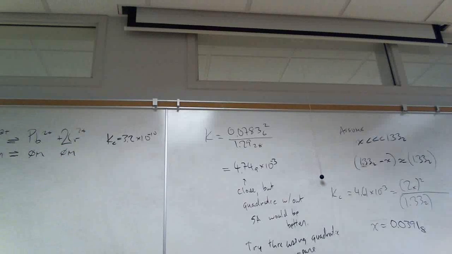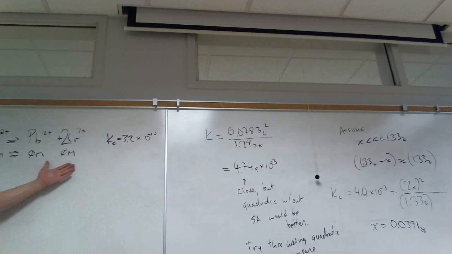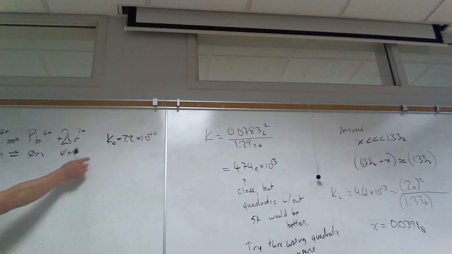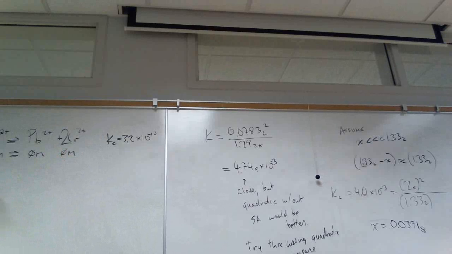Okay, now we ask, should we reset this? Should I reset it, because now all the atoms are on the left, and push all the atoms to the right? Sometimes I want to do that, but in this case I don't want to do that. Why? Because if I push all the atoms to the right, then I'm going to expect a huge reverse reaction, because this Kc tells me at equilibrium most of the atoms should be on the left, right?